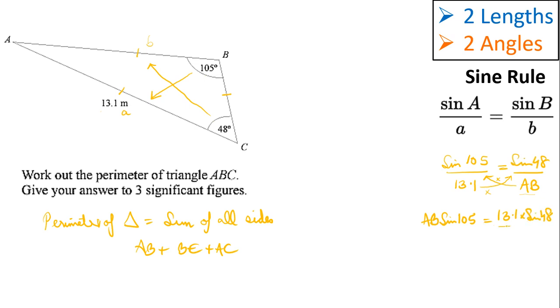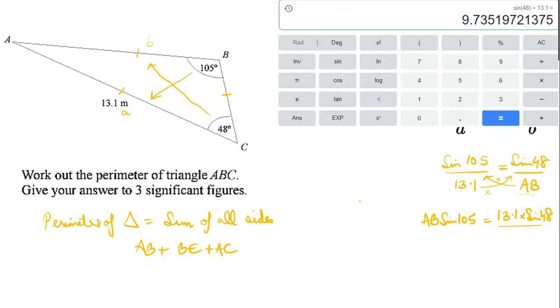Now, first thing, I'm going to be solving 13.1 times sine 48. When I do that, it's important that you set your calculator on degrees unless they ask you to give your answer in radians. So first put it on degrees, and then I'm going to be writing sine 48 times 13.1, or vice versa, 13.1 times sine 48.